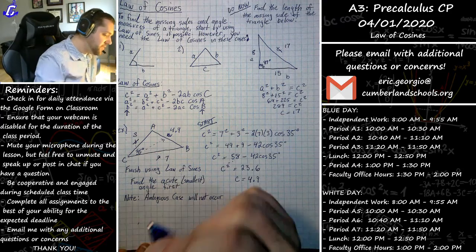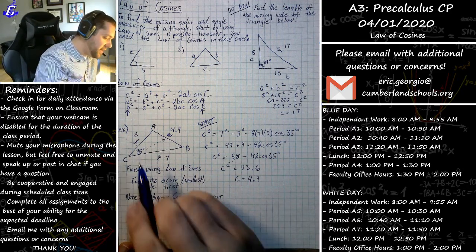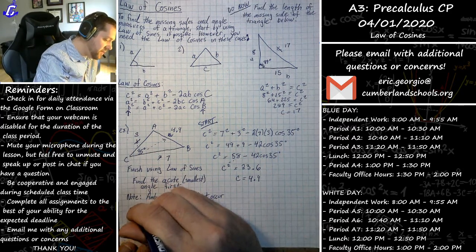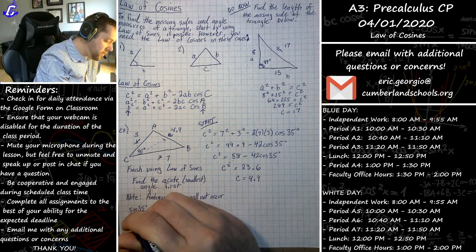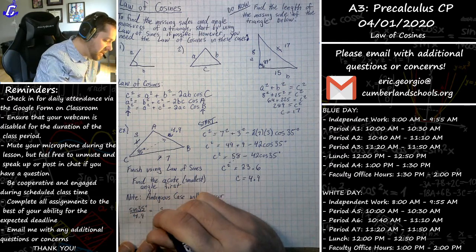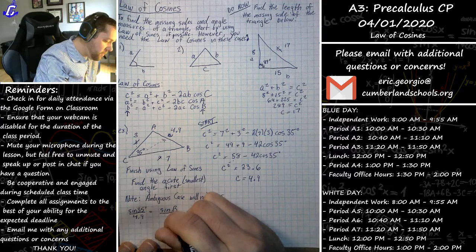So to find the acute angle, let's use our law of sines to say the sine of 35 over 4.9 should equal the sine of B over 3.